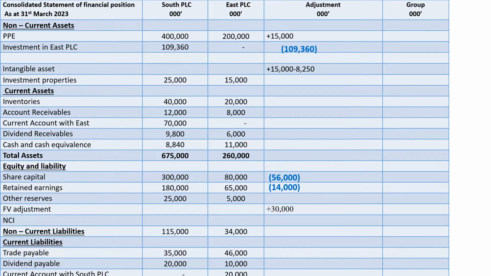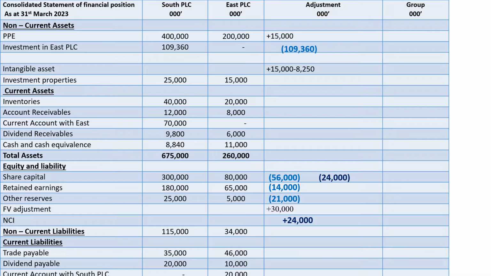At the same time, they have invested some money for the increment in the fair value. So 21,000 is relating to South PLC. They have invested this amount in East PLC for their ownership. And the balance 24,000 is relating to the non-controlling interest. That is the share of share capital which is relating to non-controlling interest.